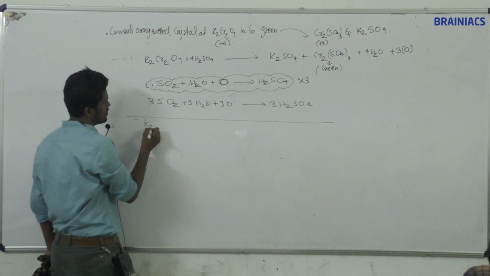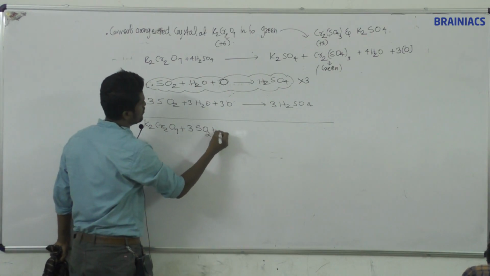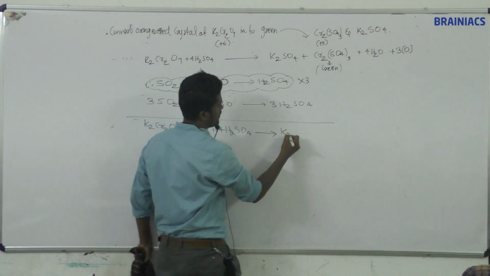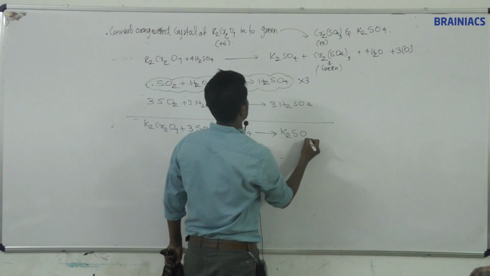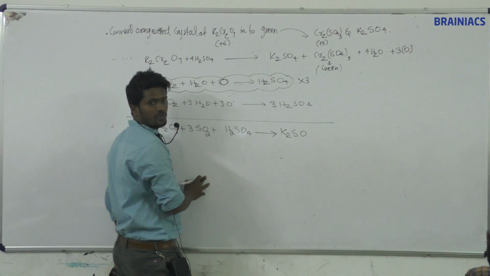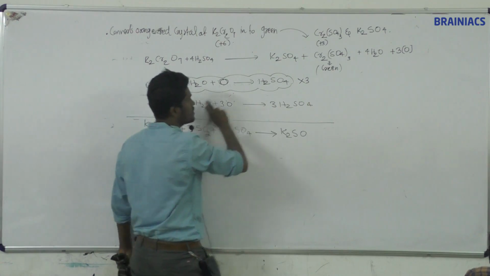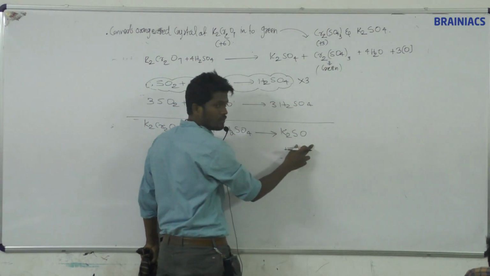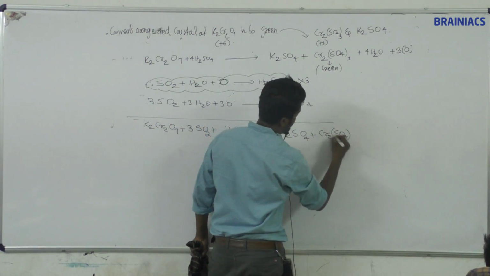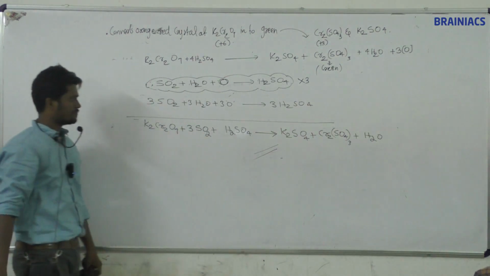So what is the final equation? K2Cr2O7 plus 3 SO2 plus 1 H2SO4 gives K2SO4 plus Cr2(SO4)3 plus 1 H2O. So this is the final equation.